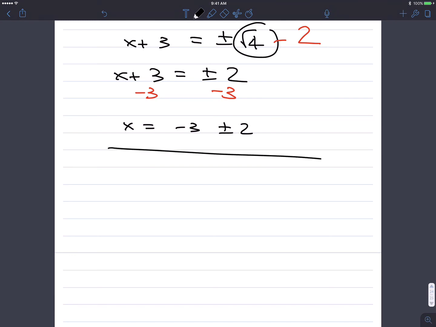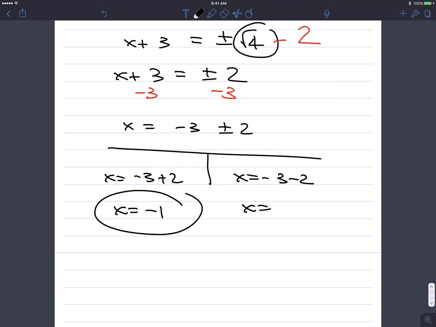Now remember what that meant. That meant two things. Negative 3 plus 2, negative 3 minus 2. X is negative 1. X is negative 5. Let's write that a bit better.